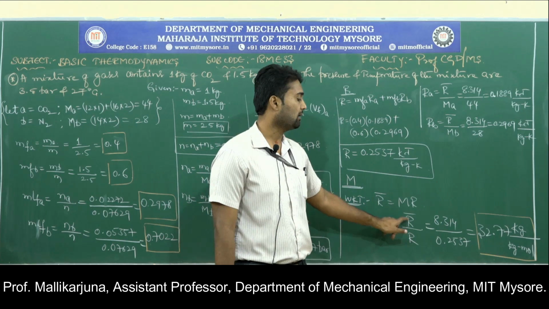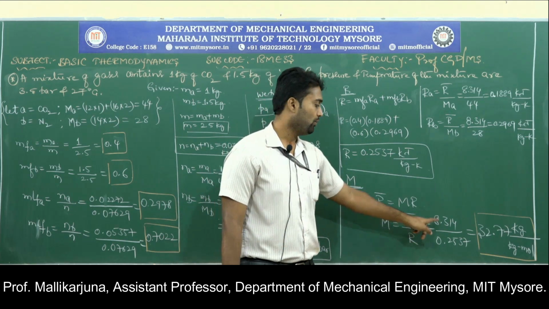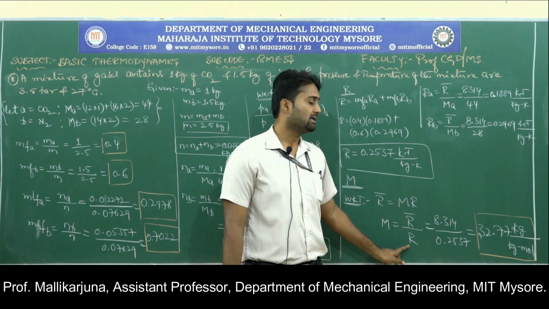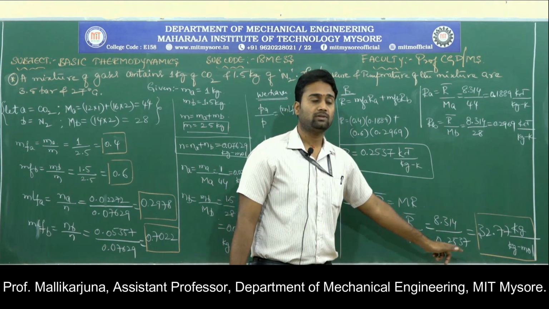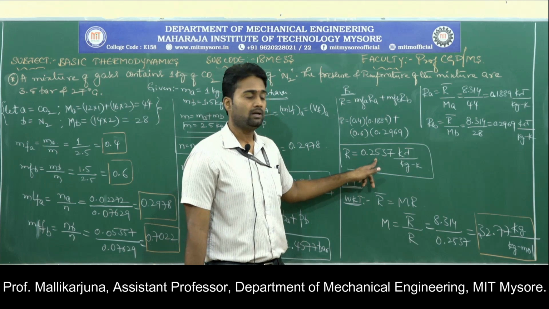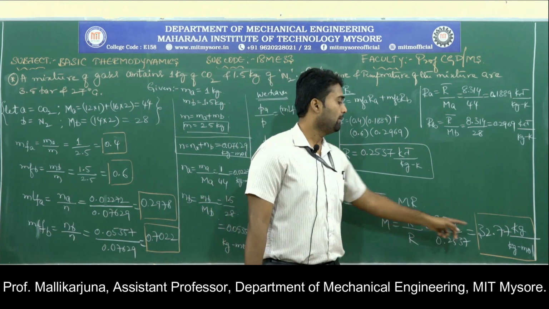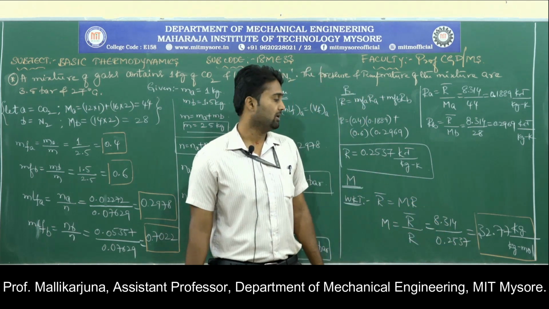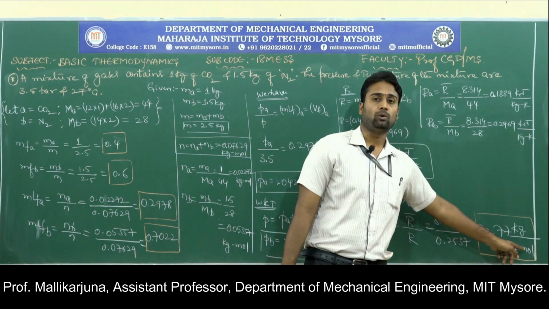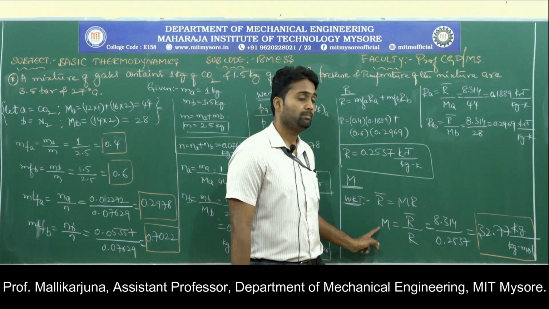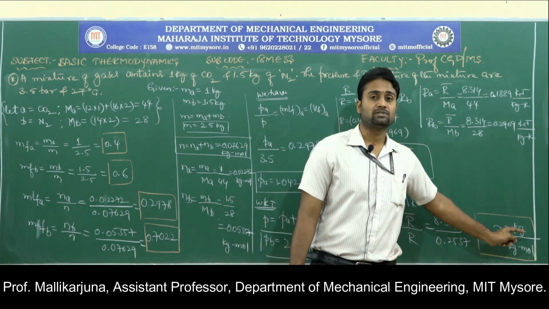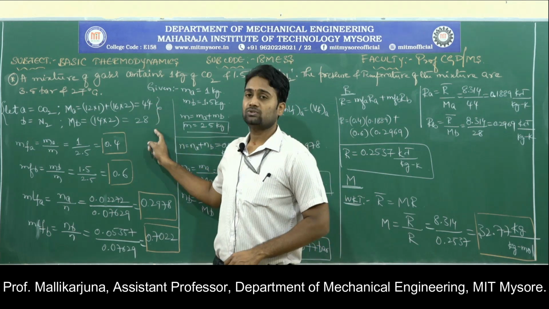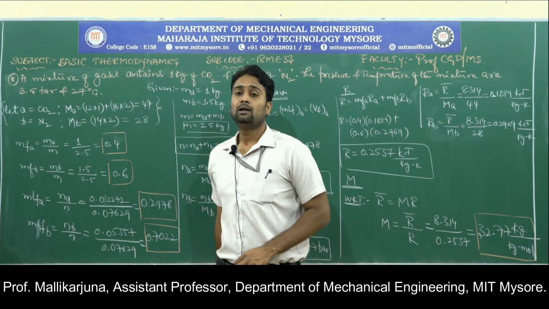Molecular weight is nothing but R bar divided by R, where R bar is the universal gas constant 8.314 divided by capital R, which is 0.2537 that you have calculated from the previous step. Upon doing this, molecular weight of the mixture will come around 32.77 kg per kg mole. Make sure the molecular weight of the mixture is 32.77 kg per kg mole, whereas molecular weight of the individual constituent gases are 44 and 28.